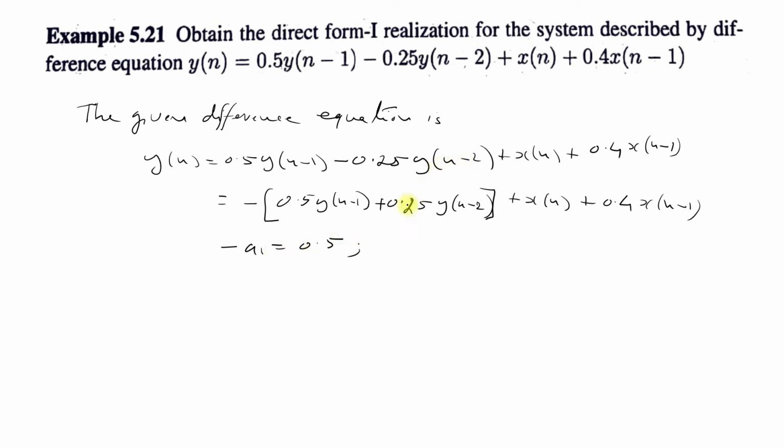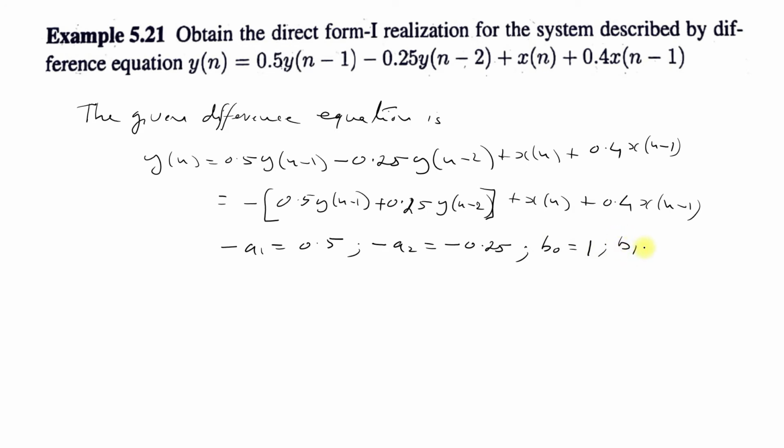Then here it is n minus 2, so the coefficient is minus a2 equal to minus 0.25. Then b0 equal to 1. That is, the b coefficients correspond to x of n.